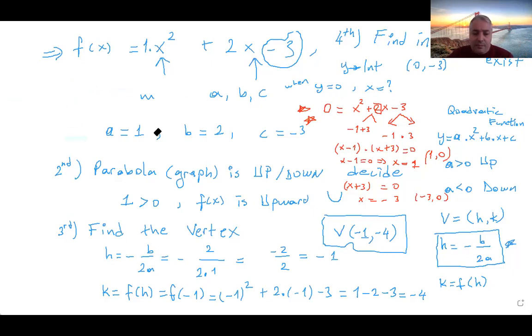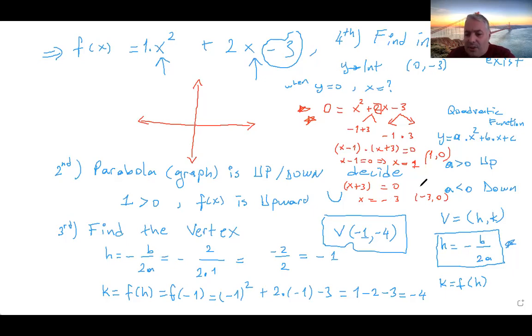First step. Last part is just graph. Sketch the graph, draw the graph by using the steps you have seen. So I am drawing. Look now. What are the intercepts? X is 1, Y is 0.